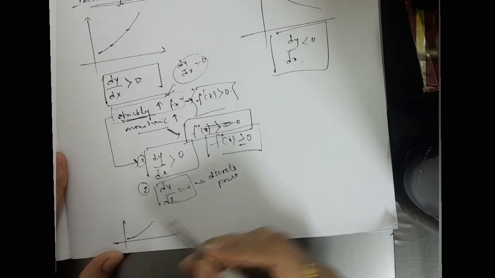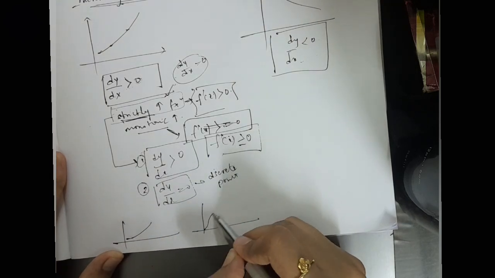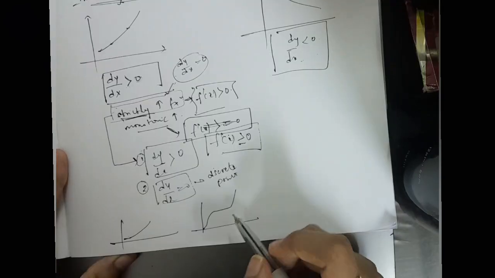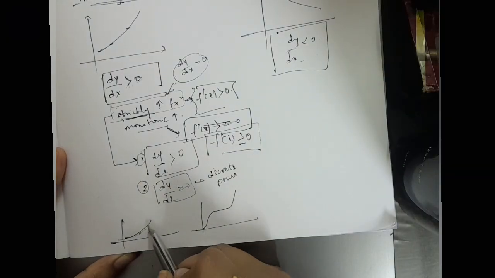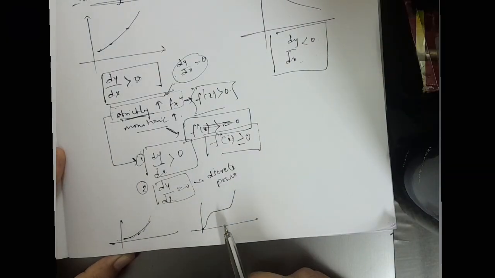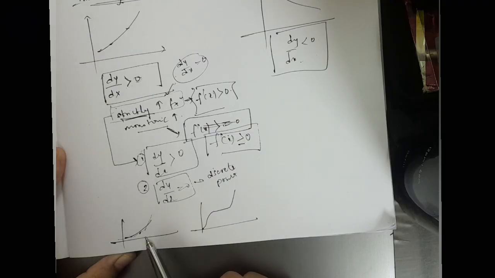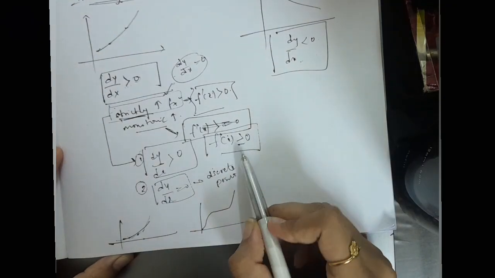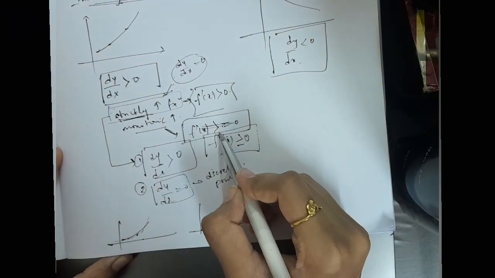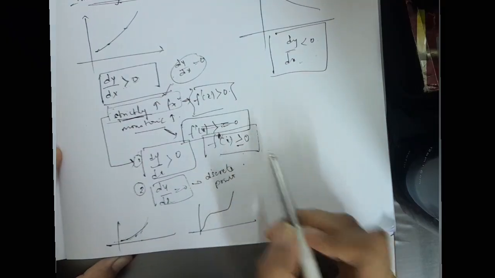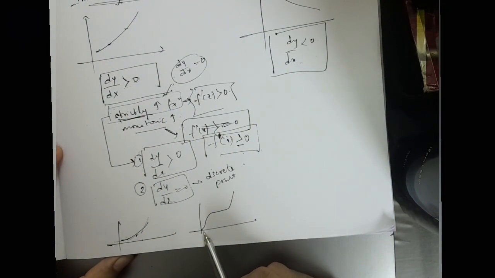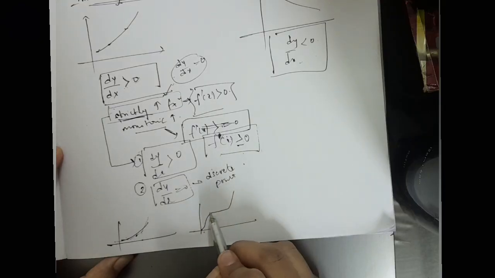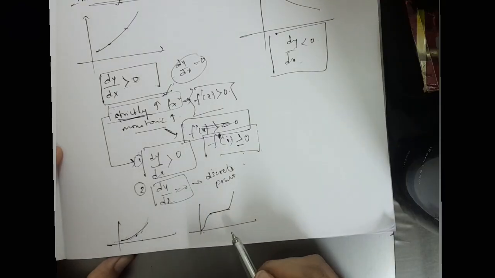Let's say that these are two functions. The first function is strictly increasing as its slope is positive at every single point. It is also monotonically increasing because the condition for monotonicity is that the slope needs to be greater than or equal to 0. Whereas the second function is not strictly increasing as the slope is 0 for a given interval.